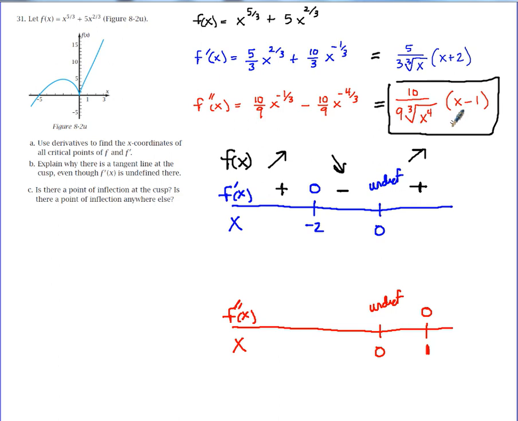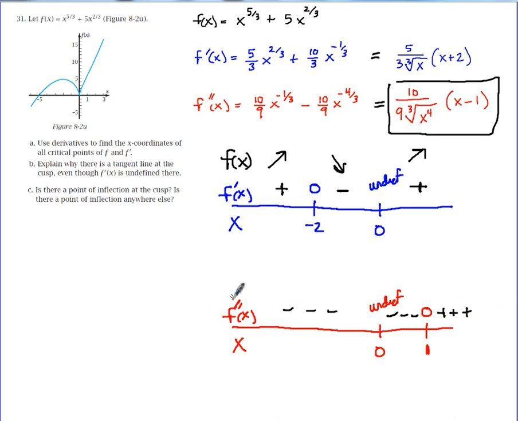And then if x is less than 0, this second factor is negative, so we have negative second derivatives here. In between 0 and 1, we'll still have negative second derivatives. This will still be a positive factor multiplied by a negative factor. It isn't until we get values of x larger than 1 that we wind up with positive second derivatives.